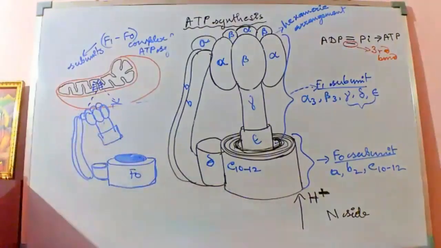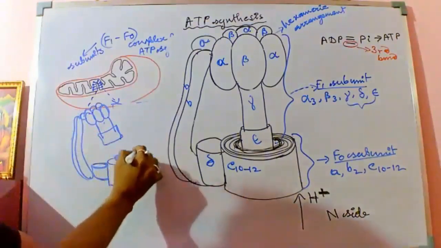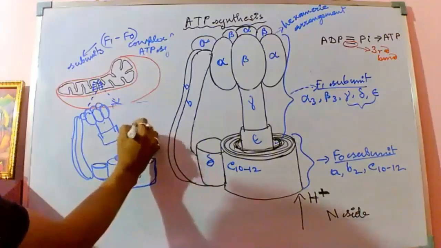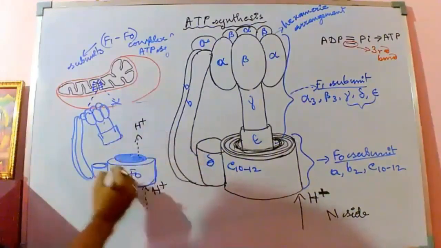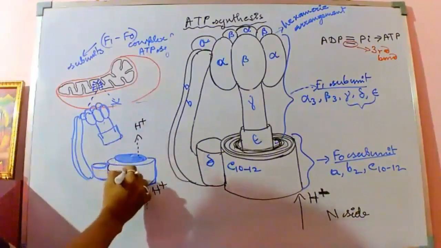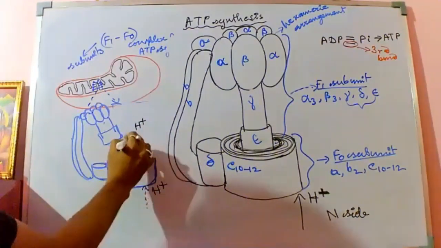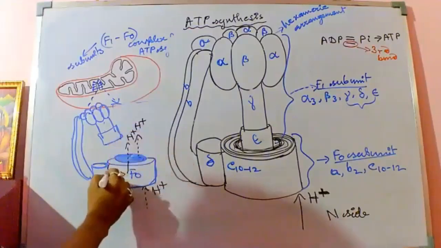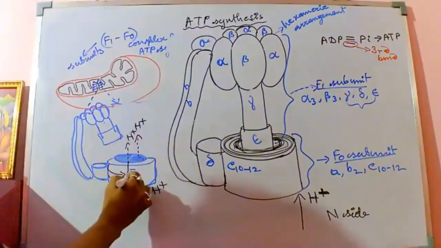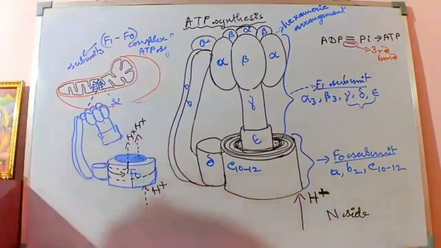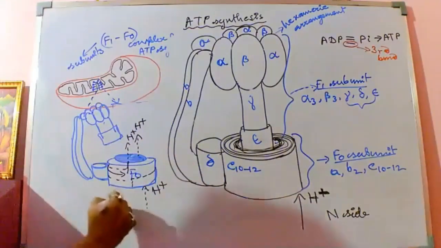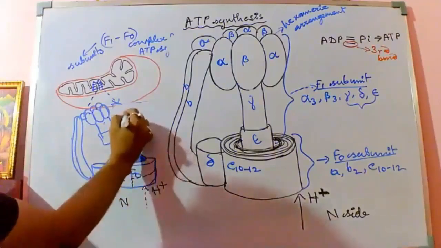This is how the detachment happens, and from this hollow complex, an enormous number of H plus protons are getting removed from the N side to the P side.